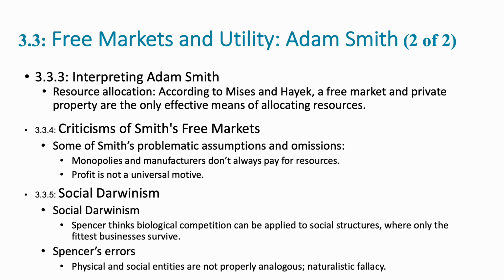The skills and traits required to survive in business are not analogous to those that allow individuals and species to survive in nature. It's just not a good analogy to make because it's not true in all circumstances. They're not parallel systems.